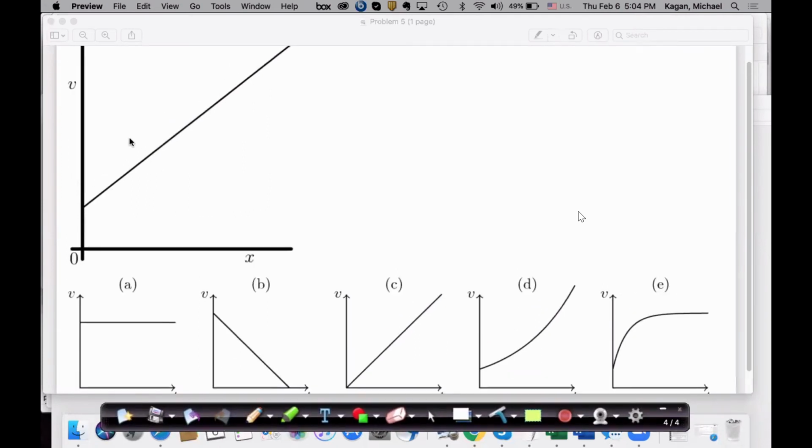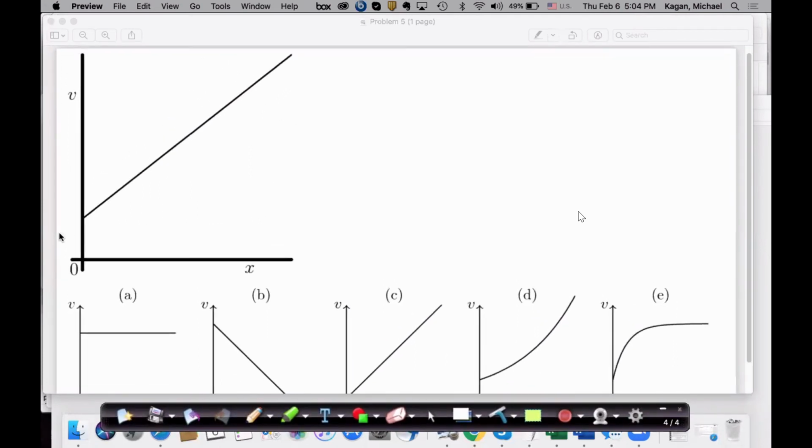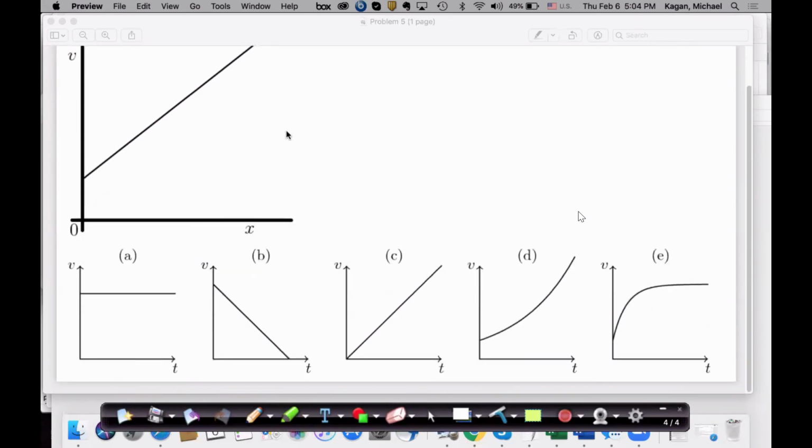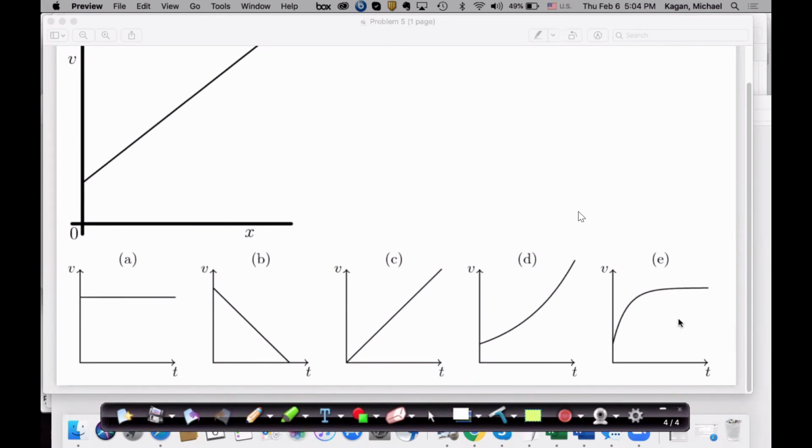This is the new graph. You see it's shifted up now, so it doesn't start at 0, it does move. The question is, which of the 5 graphs below correctly represents v versus t?